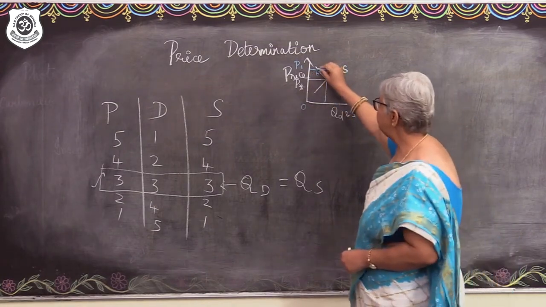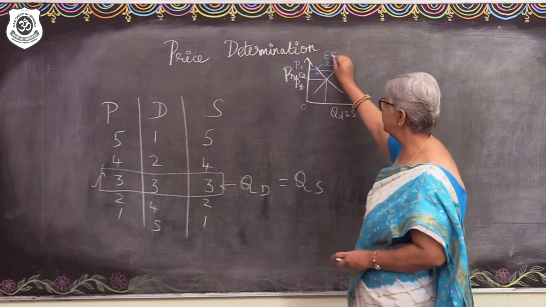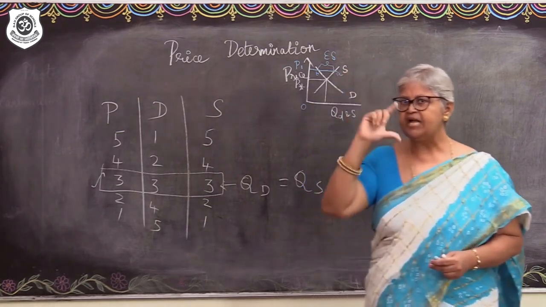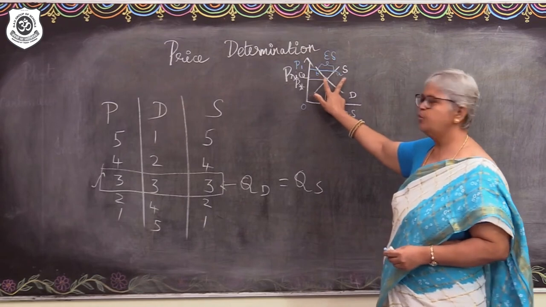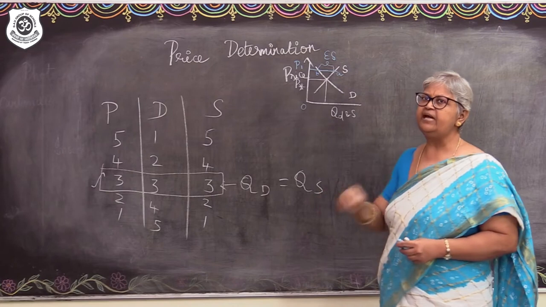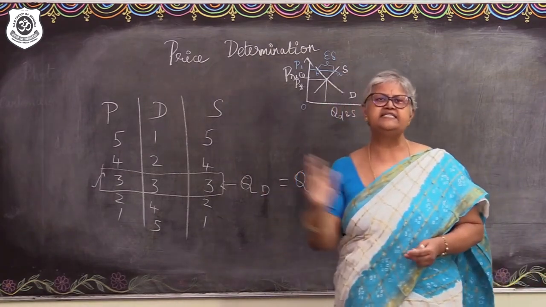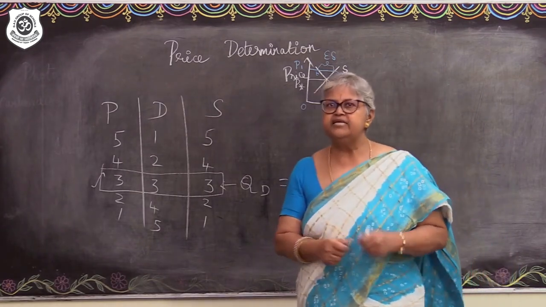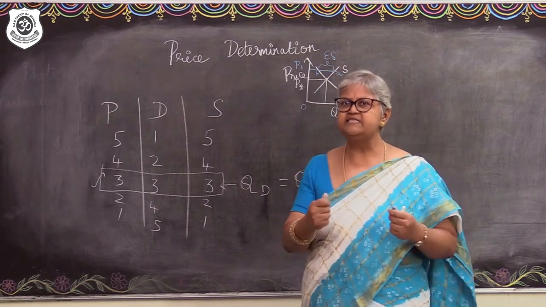So at this particular price, obviously there exists an excess supply in the market. At price P1, we understand that to an extent of AB, there is an excess supply in the market. When there is going to be an excess supply in the market, then there is going to be competition among the suppliers.